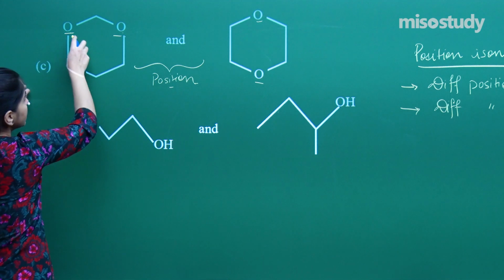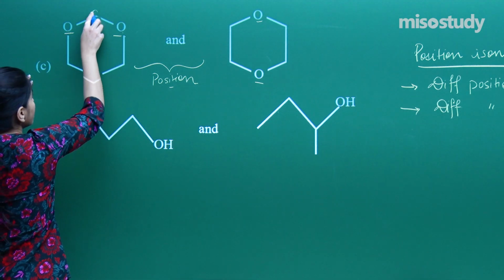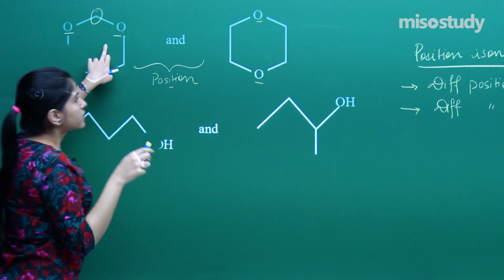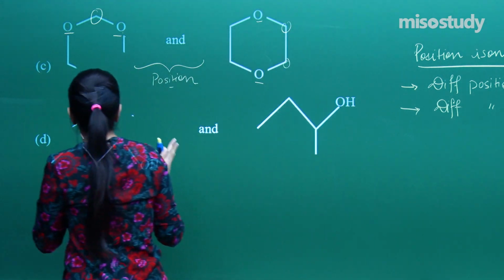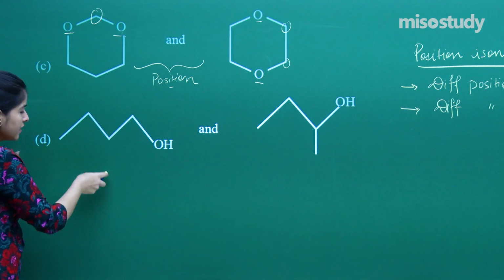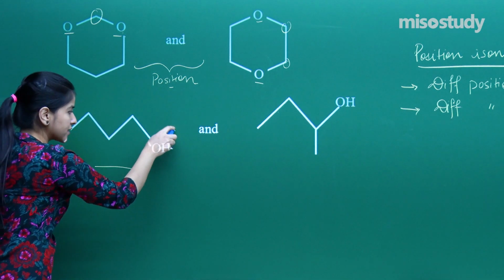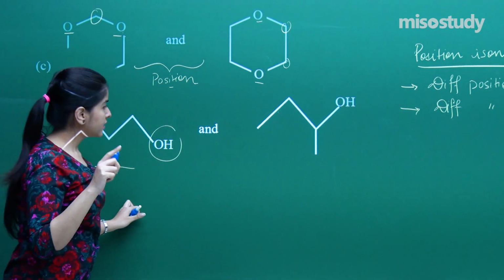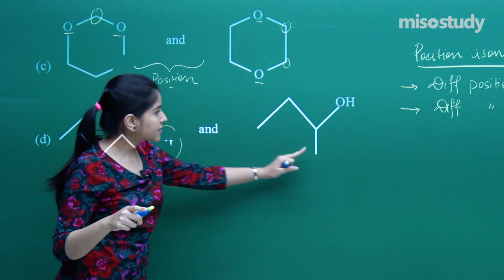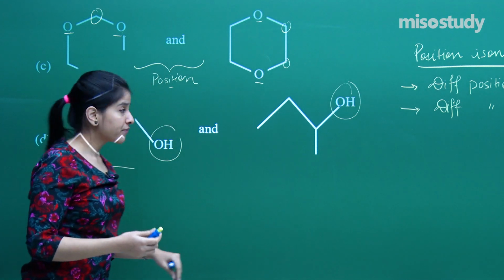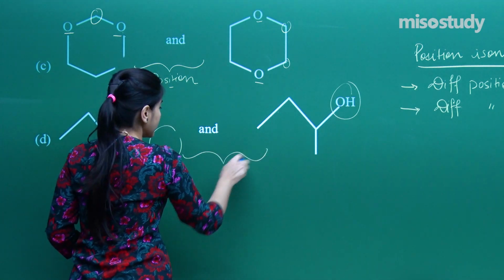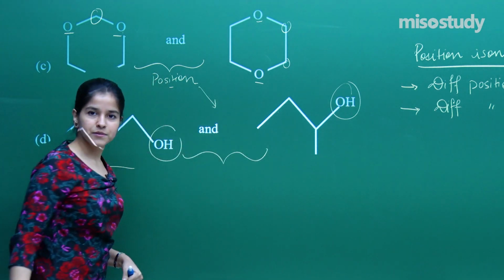That is also a position isomer. Why? Because over here there was only one carbon atom between the oxygens, here I have got two carbon atoms, but still the molecular formula is the same. Just like the carboxylic acid one, we have got OH here, and now the position of the OH has been changed, but the molecular formula is still the same. So again this is a position isomer.